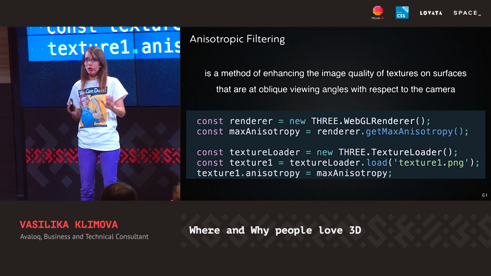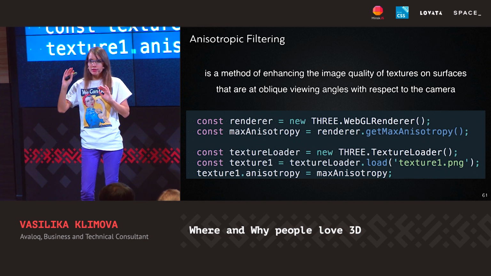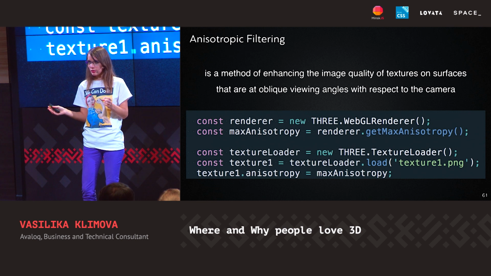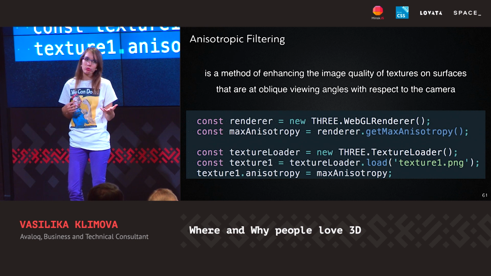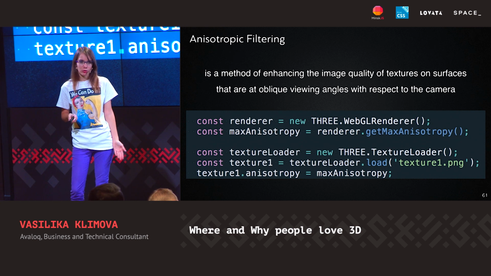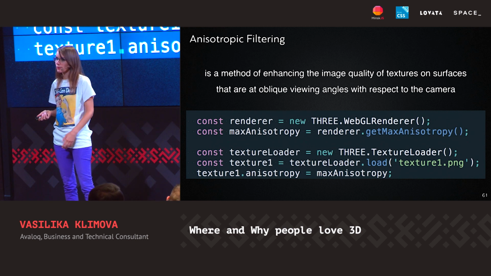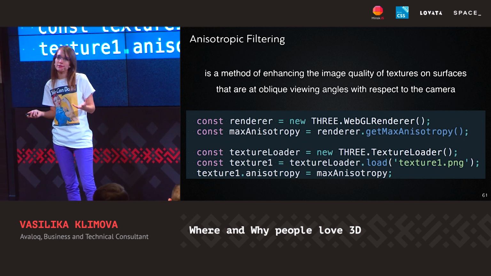It doesn't matter how far your object is, the texture will be shown as it is, without blurring. It could be useful, but it also takes more performance from your browser, of course, because it's rendering your scene with more details.